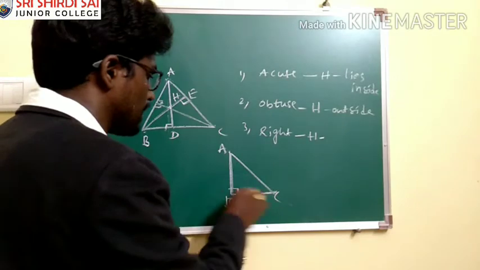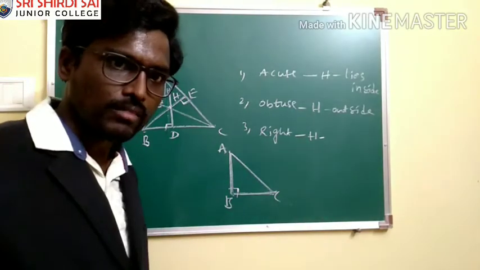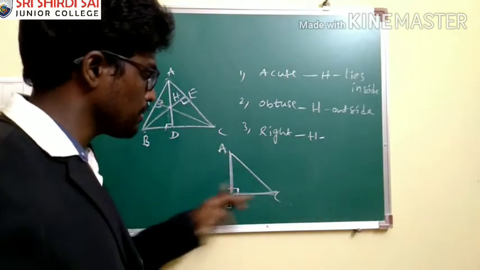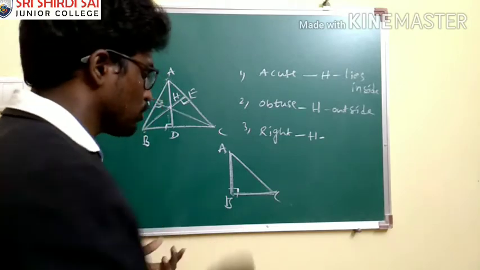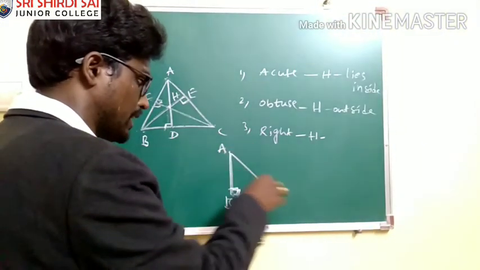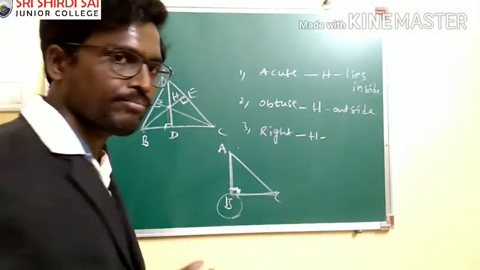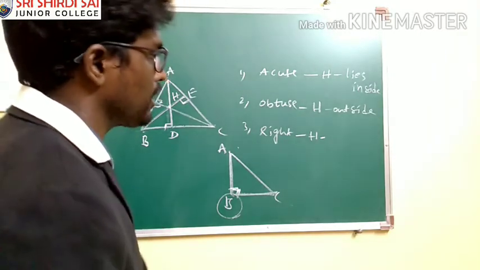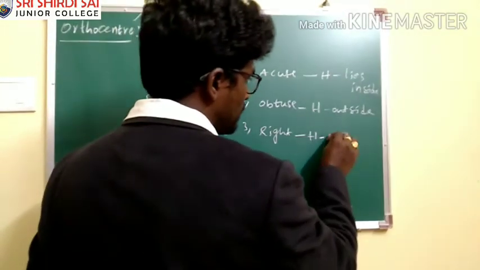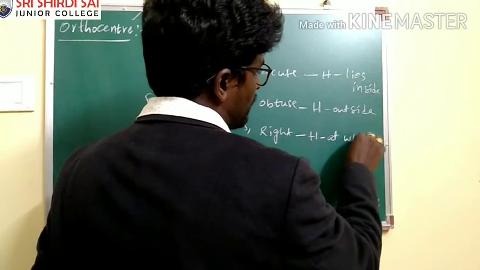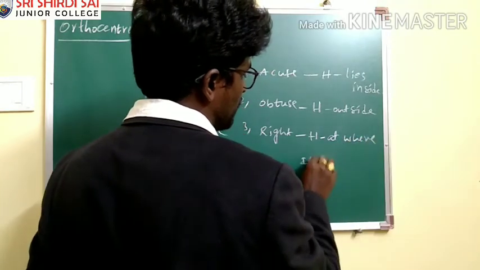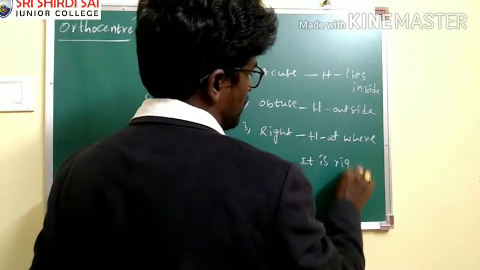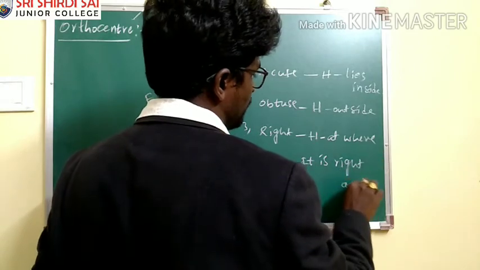Can I say AB and BC are altitudes? I can, because these two are perpendicular to each other. Therefore, the orthocenter of a right angle triangle is vertex B, where it is right angled.